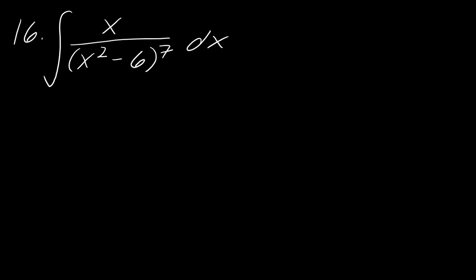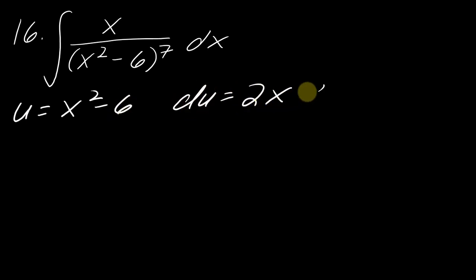Okay, so number 16, this is a pretty classic substitution problem. So I'm going to set my u equal to x squared minus 6, and then my du will be 2x dx. Now notice in this problem I have x dx, not 2x, so I need to divide both sides by 2.